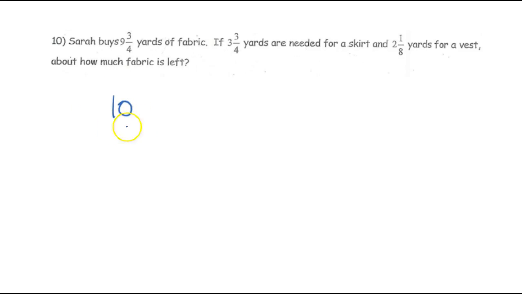Okay, so she has 10 yards. Then she's going to use 3 3/4 for a skirt. 3 3/4 is going to be rounded up to 4. So I'm going to take the about 4 that she used for the skirt away, and I'm going to be left with 6 yards.